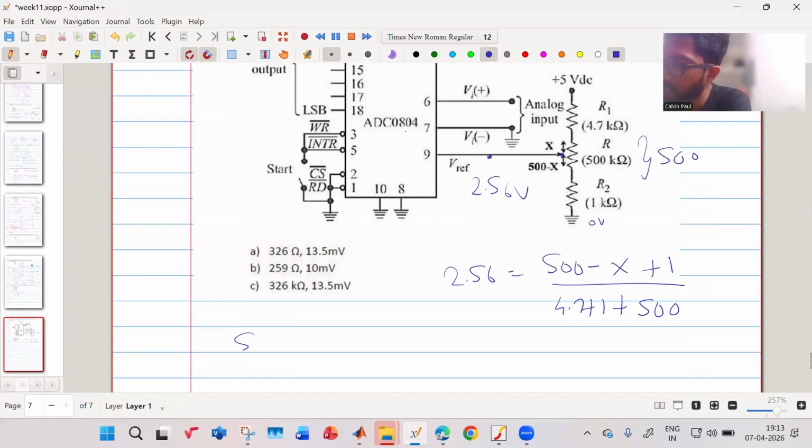So what do you get? You get 501 minus x is equal to 2.56 into 505.7. Right? So what will be the value of x?